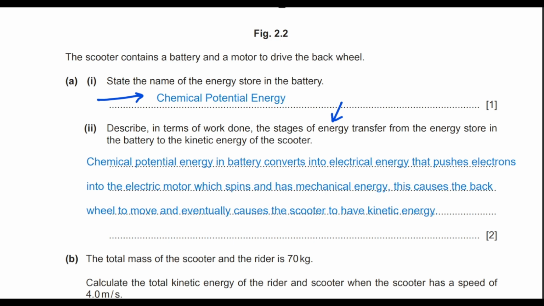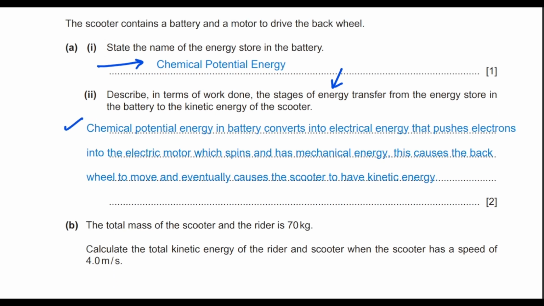So the battery has chemical potential energy, which converts into electrical energy, or you can say the battery pushes the electrons to move into the electric motor. The electric motor spins and now has mechanical energy.